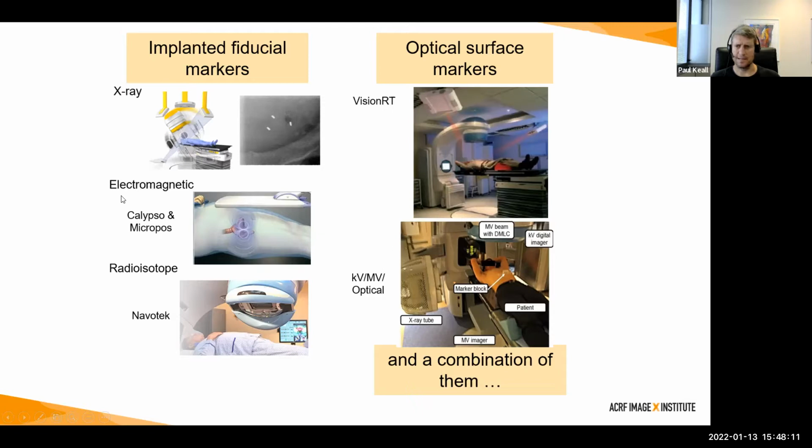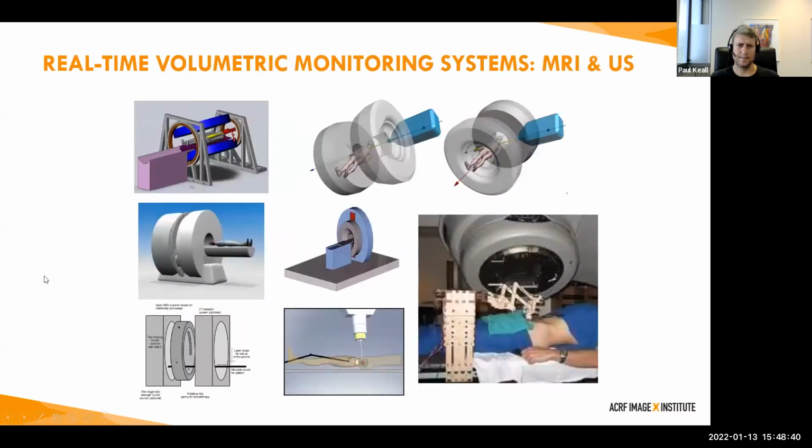We've got electromagnetics, which is radio frequency localization. We can use radioisotopes. We can use the visible spectrum to image the surface of patients, and we can use combinations of the various technologies as well. And there's also, for volumetric imaging, ultrasound and MRI.